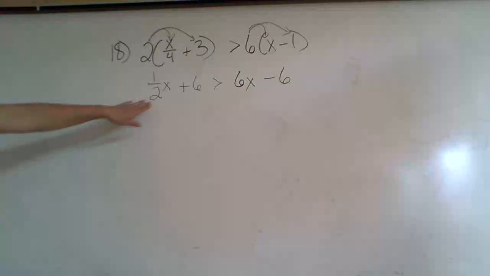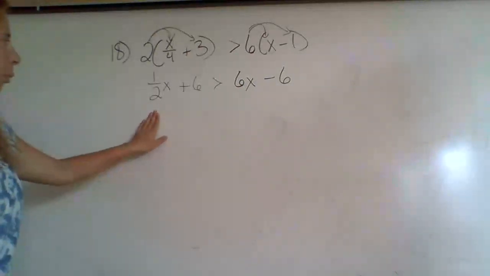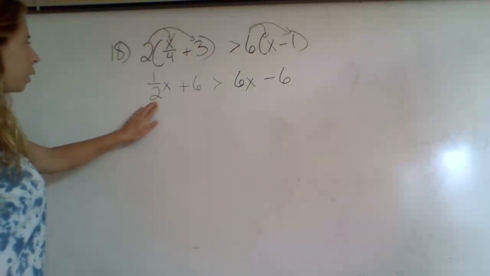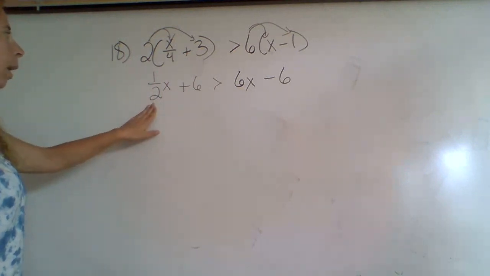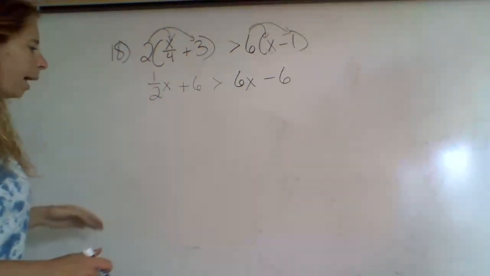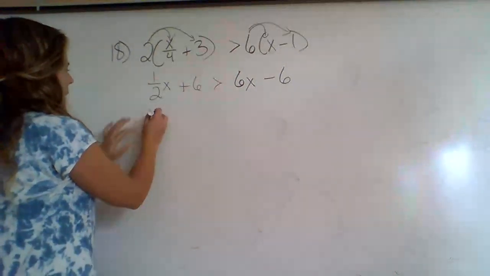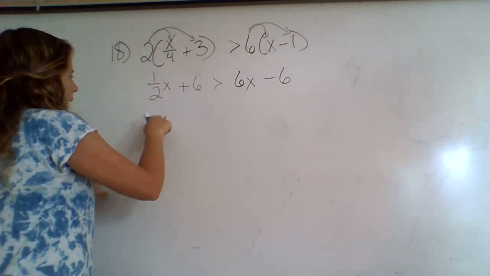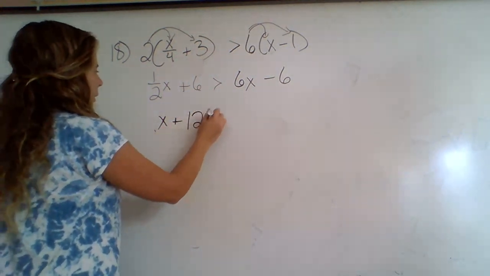Okay, if you want to get rid of the fraction, you may. If you're going to do it, this would be a good time to do it. If you want to get rid of this fraction, you multiply everything by 2, and then your fraction would go away. So this would become 1x, or just x. 6 times 2 is 12.